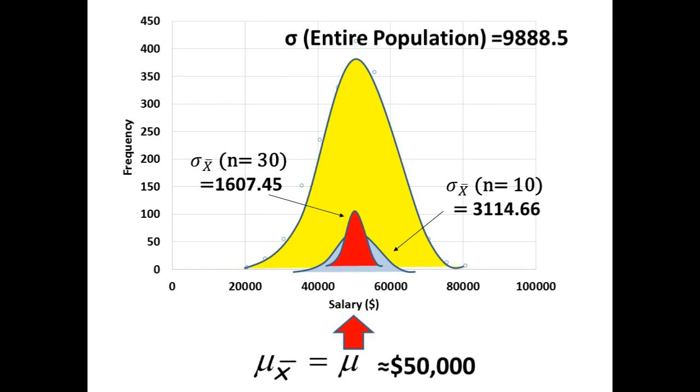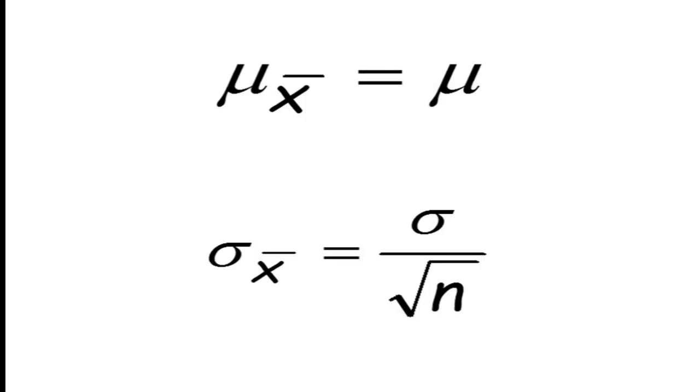And as we mentioned before, by the law of large numbers, the more samples we take, and the larger samples we have, we will approach normality of sampling distributions, and we will also approach a mean value of the sampling distributions that is more or less equal to the mean of the entire population, and the standard deviation of means, the sigma x bar, that is equal to the standard deviation of the population divided by the square root of sample size.